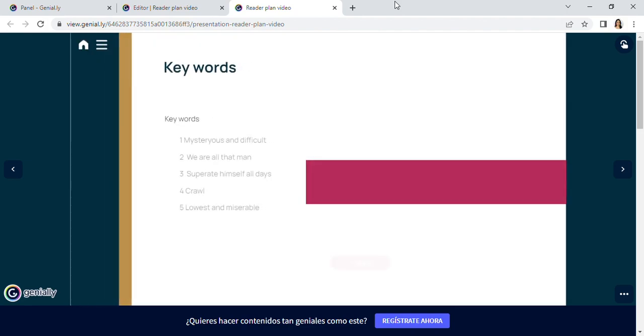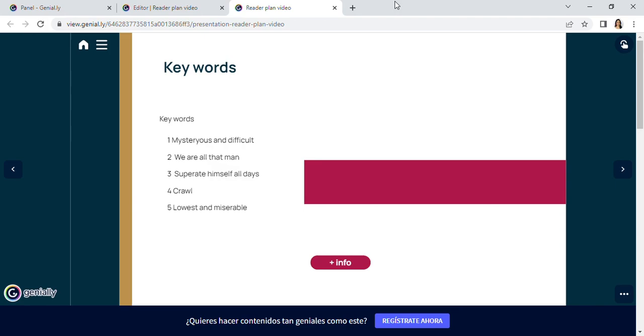I put these keywords so it's easier to understand. The first one is mysterious and difficult. We already know what the context of it is. We already know that it is a context or a part of a city that is mysterious or difficult. The second one, we are all that man.